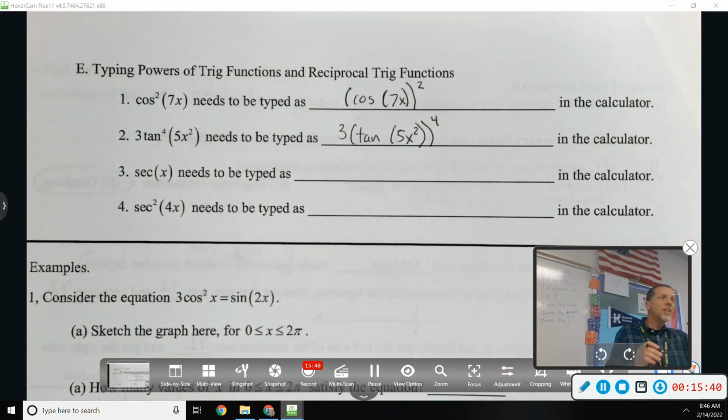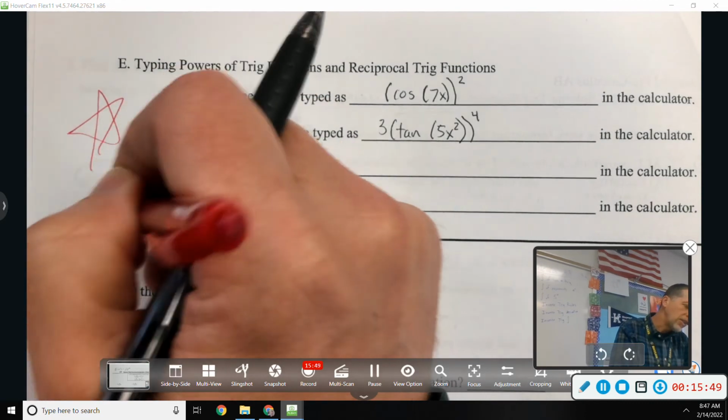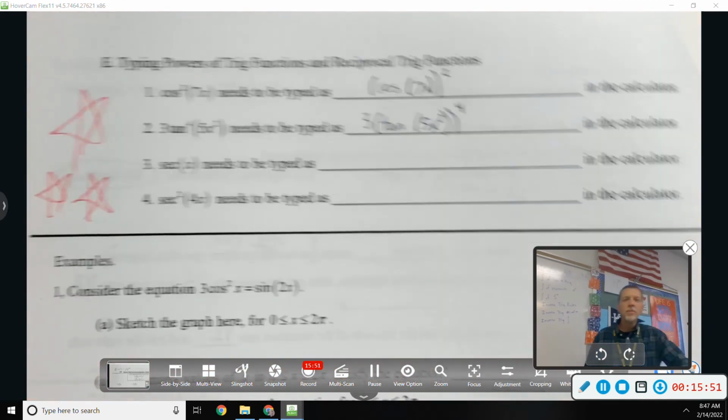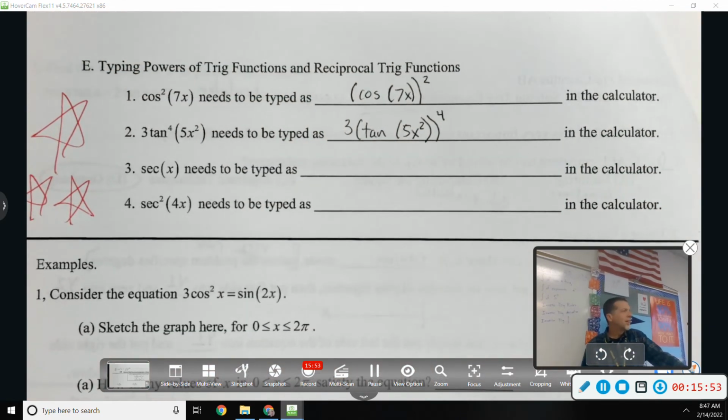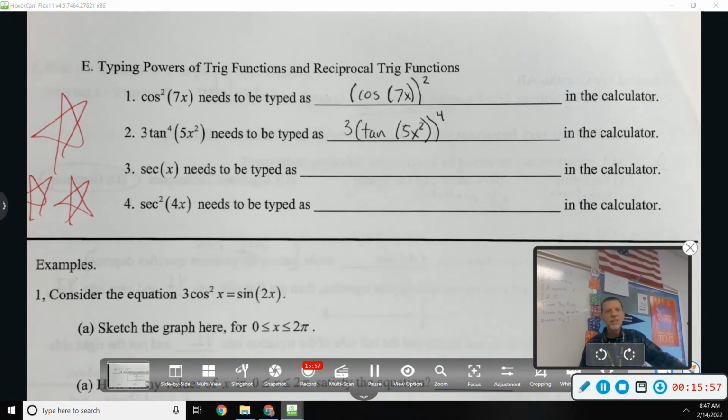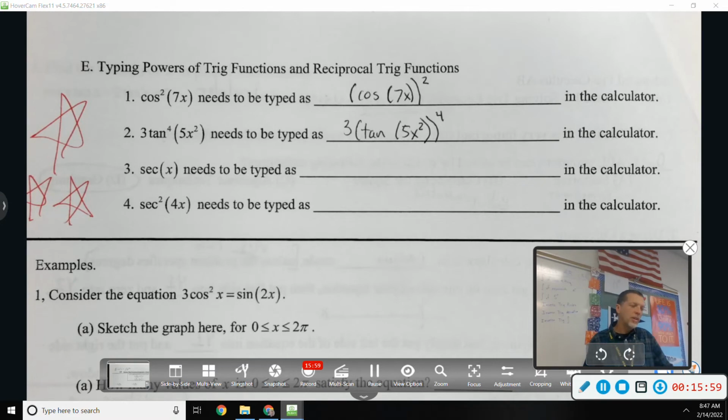But the 3 is not getting the fourth. I don't know if this seems easy, but the bulk of the mistakes are made right here. The calculator is going to find the answer. That's not the problem. The problem is, do you give your calculator the right information it needs?